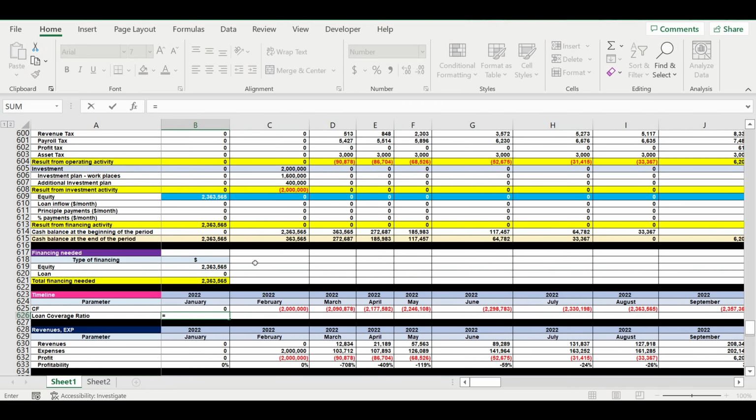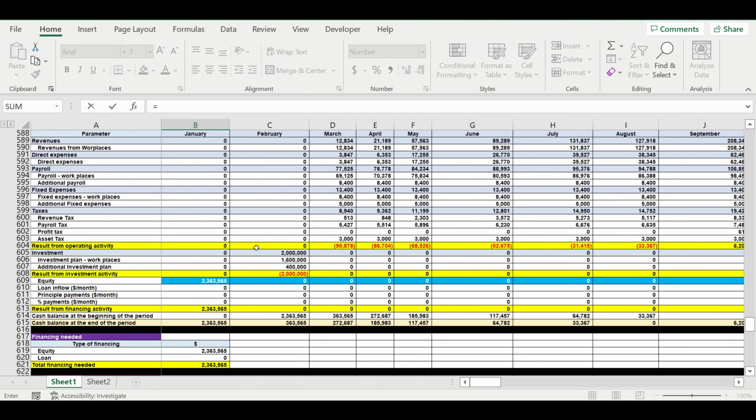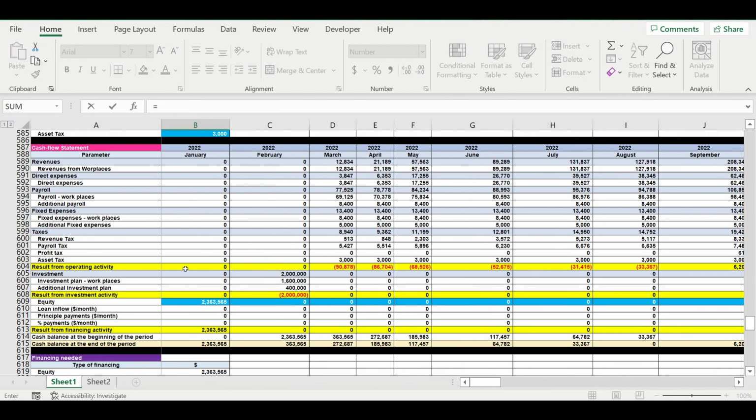So we need the cash flow statement built for calculating this ratio. We take the result from operating activity, and then we divide it by the total of principal payments that we pay to the bank and interest payments.